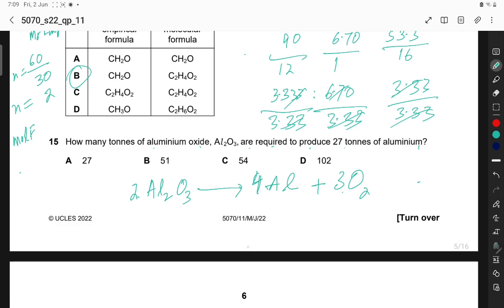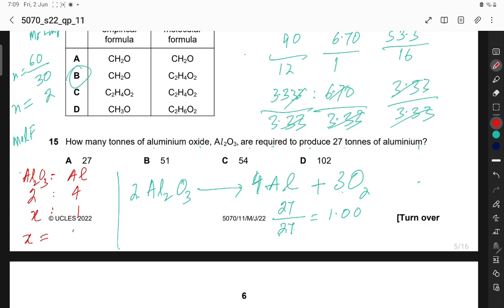How many tons of aluminum oxide are required? First calculate the moles of aluminium. 27 divided by 27 is equal to 1 mole. Our mole ratio of aluminium oxide to aluminium is 2:4, so 1:x.